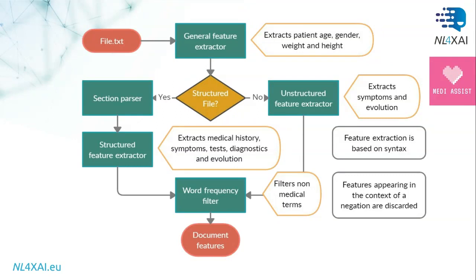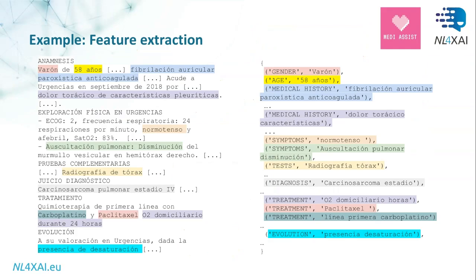So basically, features that appear in the context of negation are discarded. And finally, we use a word frequency filter to filter out non-medical terms, because we noticed that medical terms tend to be less frequent words. So we define a threshold above which we are not considering words a meaningful match. And this results in a set of document features.